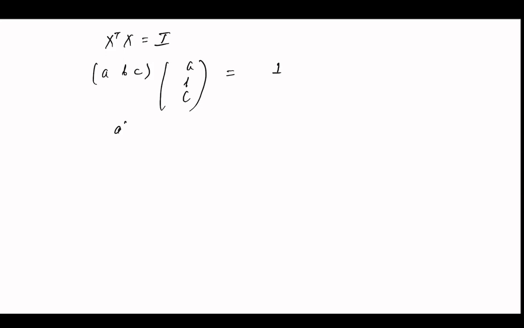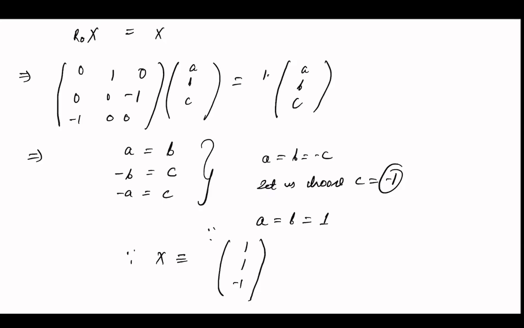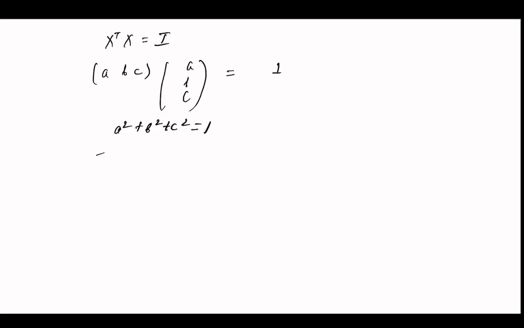So A square plus B square plus C square is equal to 1. We know from equation 1 that A is equal to B is equal to minus C, so we can replace it in equation 2 and write A square plus A square plus A square is equal to 1. So 3A square is equal to 1. Therefore A is equal to 1 by root 3.